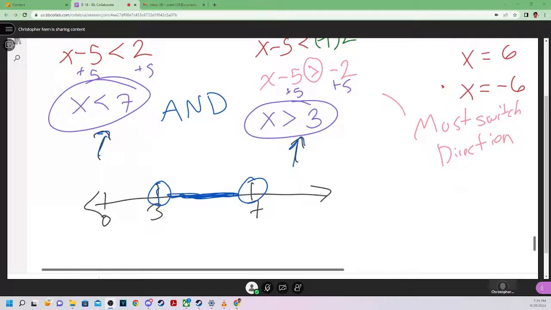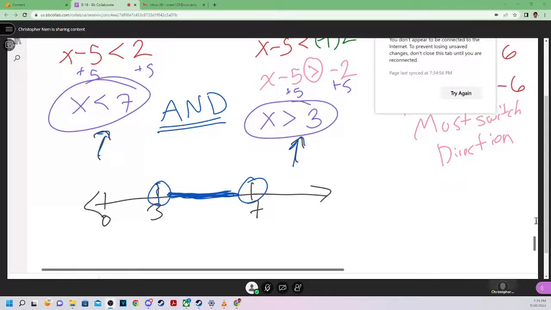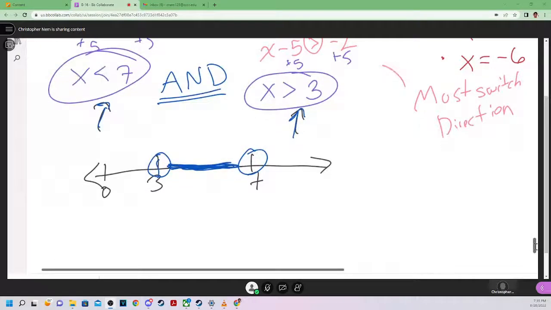And the only possible piece that works is in between 3 and 7. So if I were to write my inequality in set builder, I would have x belongs to reals such that x is in between 7 and 3. You could state it like that. That's when you get the and symbol.